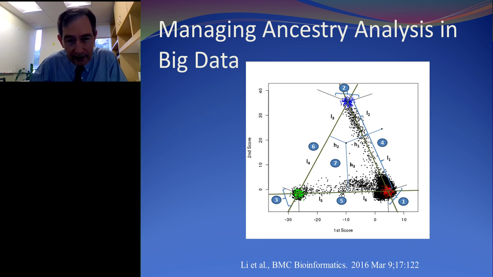On the left-hand side, we have African descent, and on the top of the triangle are Asian descent populations. So what we do is we take each individual and project them to the nearest position on the triangle, or if they're in the center, to the different positions on the triangle. And so by doing that, we can estimate the ethnic background of each.